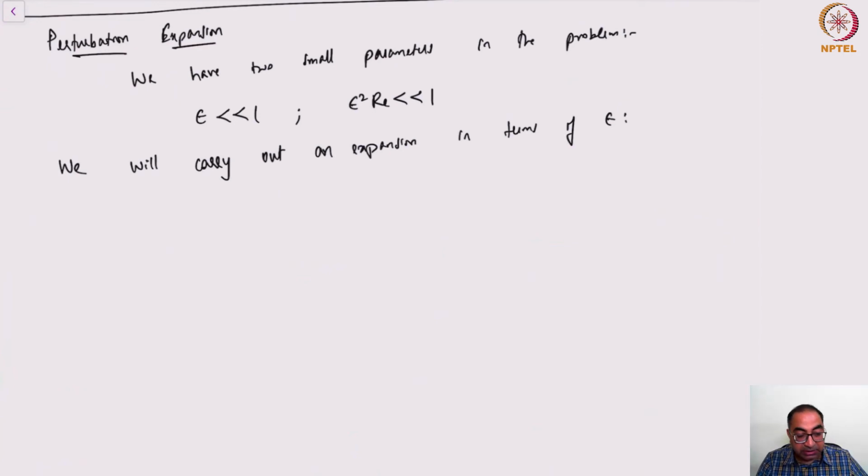What does that essentially mean? It means that I will expand all the variables in some powers of epsilon typically, but since we do not know the exact powers of epsilon, we will just do it in terms of arbitrary gauge functions. So let's do this. So for example, I could say u, in this case a function of x, y and t, is some u naught, that's a leading order, plus f1 of epsilon u1 plus so on.